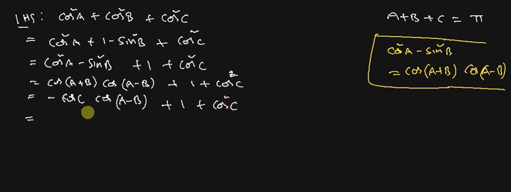So from the first and last terms we have the common term cos C. Just take that out with the minus cos C. What you will have here is cos A minus B, and I have to write this as a minus cos C, plus 1.